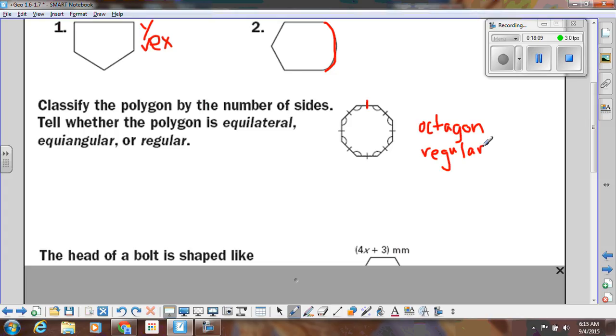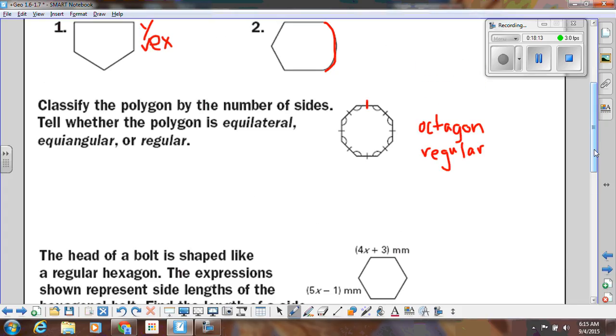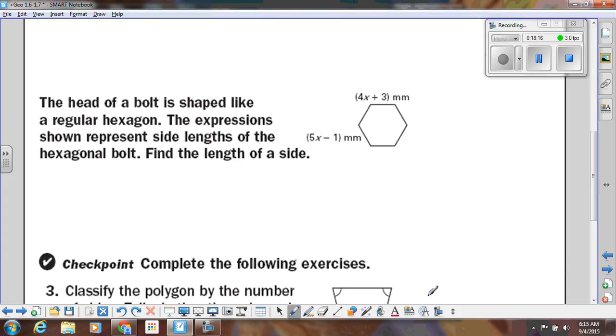And regular polygons are useful because, like in this next problem, if I tell you that this hexagon is a regular hexagon, so notice it says here in the directions, then I know that these sides are congruent. So if I know those sides are congruent, then I can set 4x plus 3 equal to 5x minus 1.